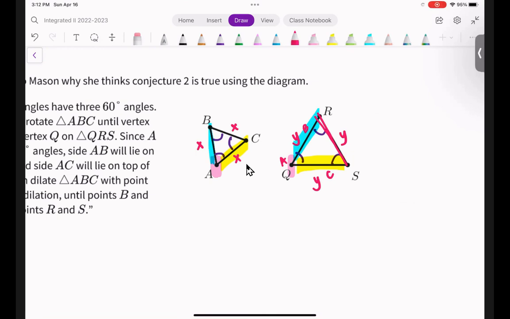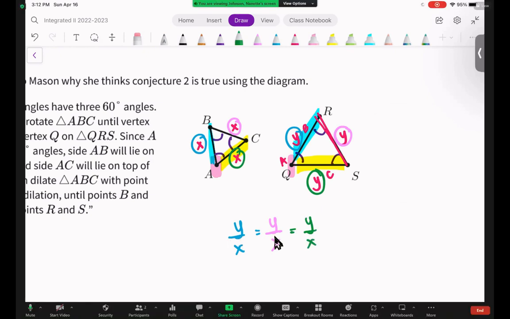So when you're checking the proportion, you're going from corresponding side to corresponding side. So some people do division, some people do multiplication. I'm going to use division here just so it makes sense. So I'm going to take Y and divide it by X because those match. Those correspond. Then I'm going to take this Y and divide it by X. And then I'm going to take this Y and divide it by X. Do you see how these 3 all are the same ratio?